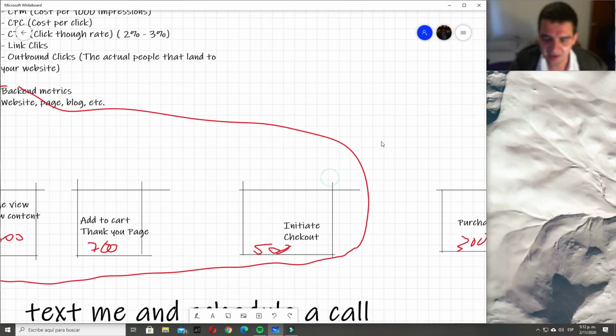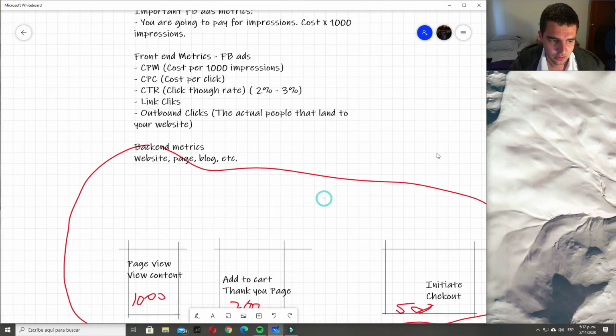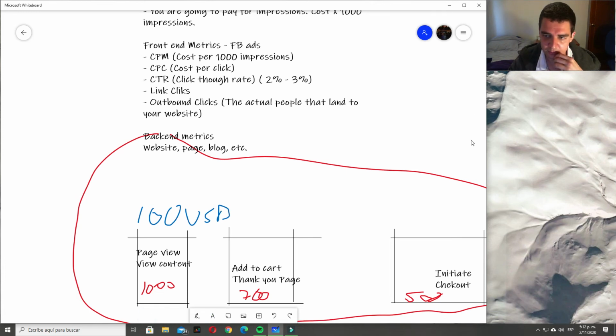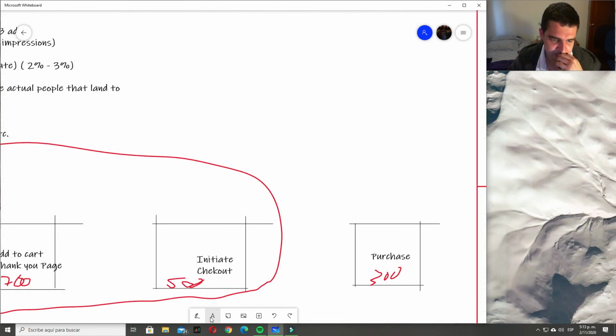Now, let's say your total cost for the amount that Facebook charged you for these 1,000 page views was 100 USD. And from these 1,000 people that went into your site, you made 300 purchases. Let's say they were purchases of $1, so you made $300, to keep things simple.